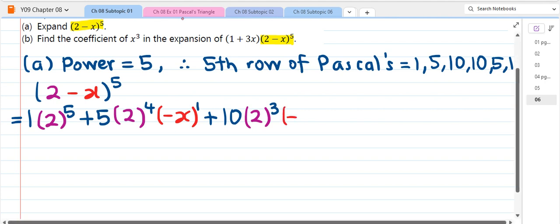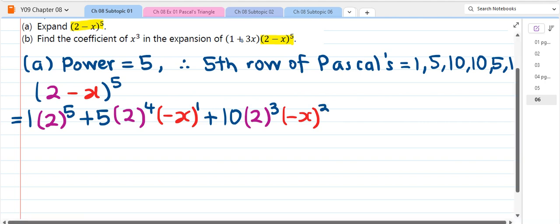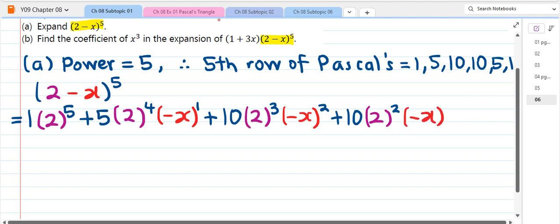And negative x will have an increased power, so from 1 it will become 2. And then for the next term, it's going to be plus 10. And then there's an a with a power of 2, and the negative x will have an increased power, so it will become 3. And the next term is, let's continue here, it is 5.